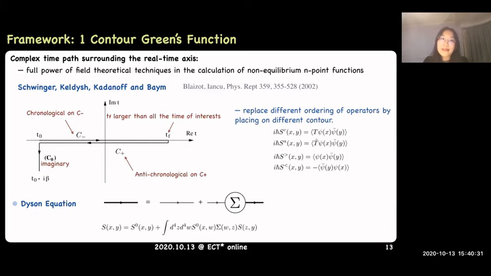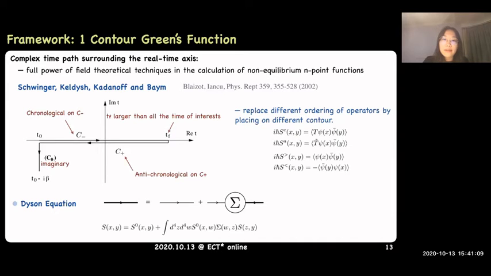When facing a quantum system with interaction, one naturally goes to field theory. However, when you deal with an off-equilibrium system, in order to still have the full power of the field theoretical techniques, there are different ways. One of them is to have the complex time path surrounding the real-time axis, also known as the Keldysh contour, and replace different orderings of operators by placing them on different contours.